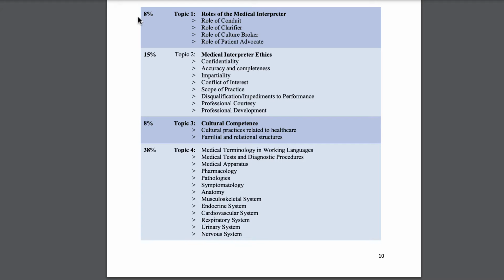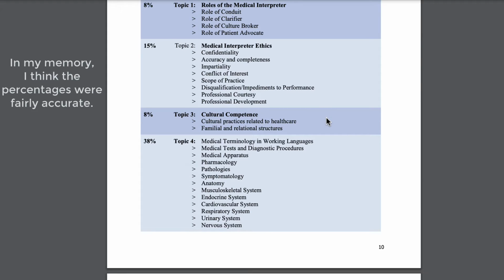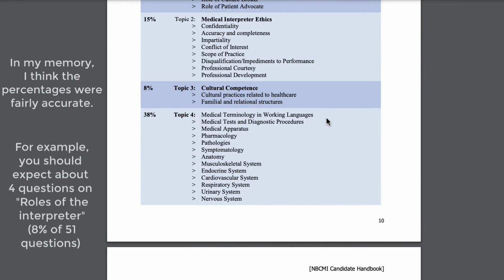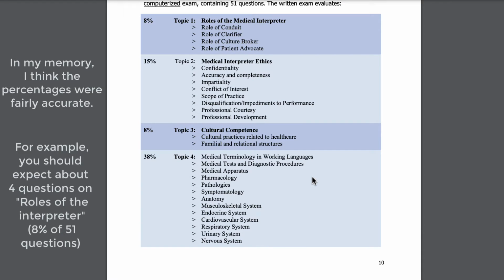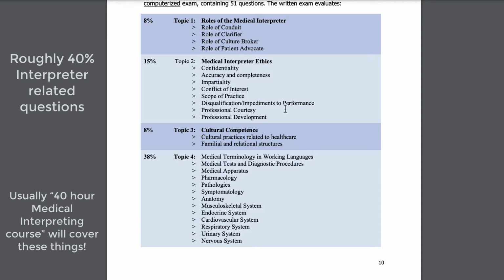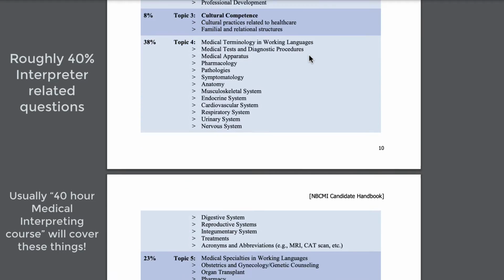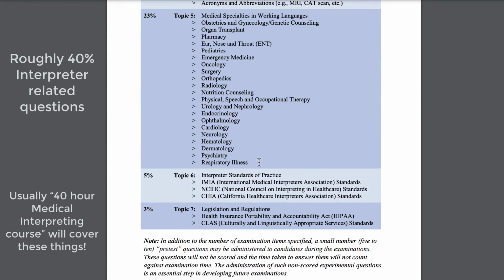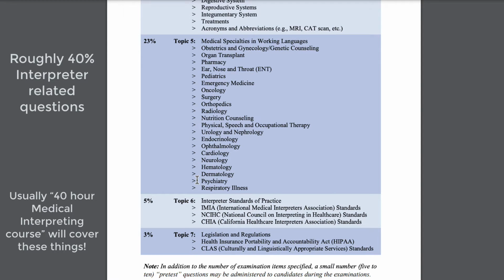It even shows the percentage, the ratio of how many questions are from each topic. But long story short, around 40%, I think it's going to be mostly on the interpreter stuff, like interpreter ethics, cultural competence, or roles as a medical interpreter, or even going all the way down here, those kinds of acronyms and legislation and regulation that you have to know.